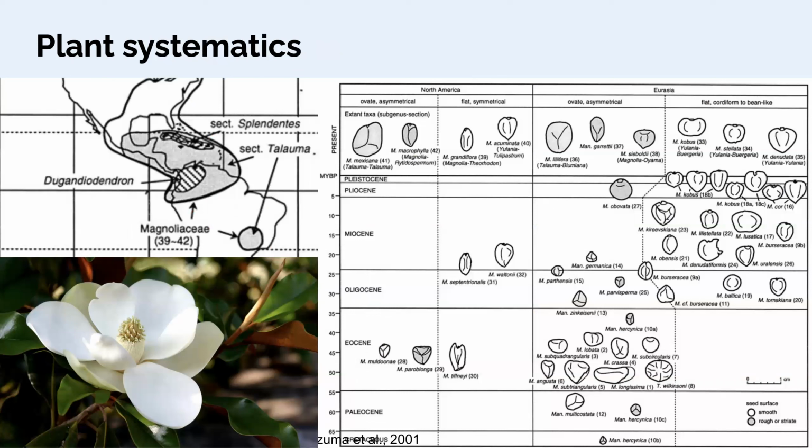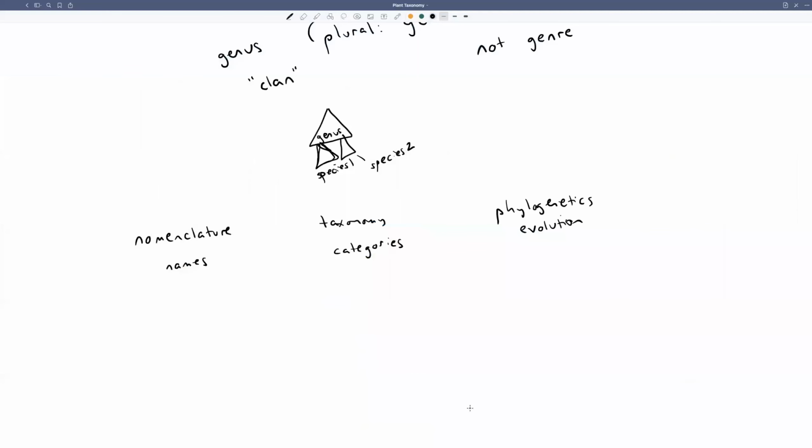And then kind of over connecting all these other fields together is this field called plant systematics. The textbook you have is a systematics textbook. It's called Plant Systematics. And I like to think of the field of systematics as basically encompassing all these other categories together. So systematics, it's kind of built into the name. You take a systematic approach, which is basically considering all evidence and trying to make it all make sense in terms of what do we call it, how do we classify it, how did the diversity get to be what it is.